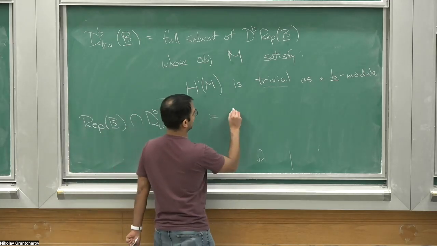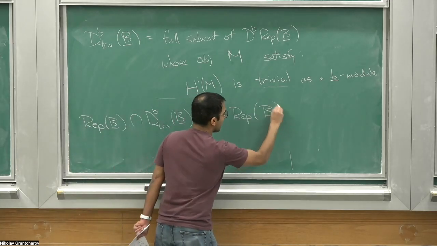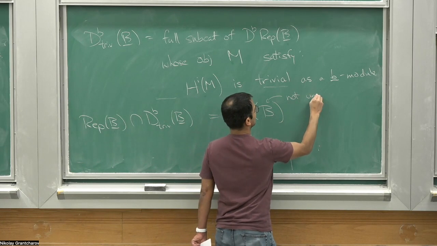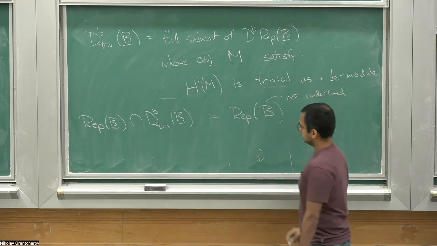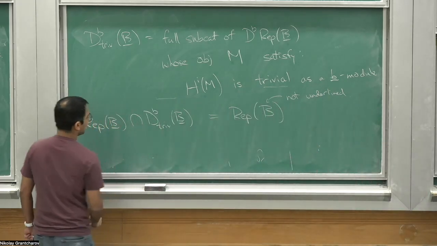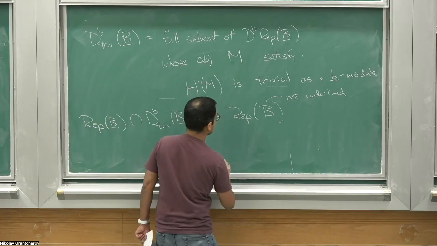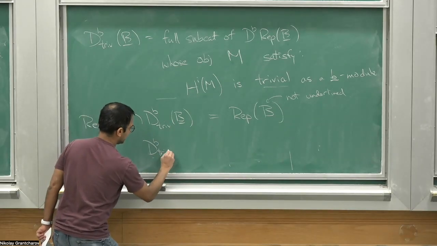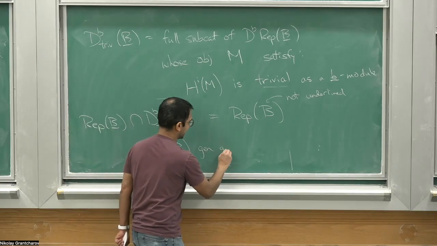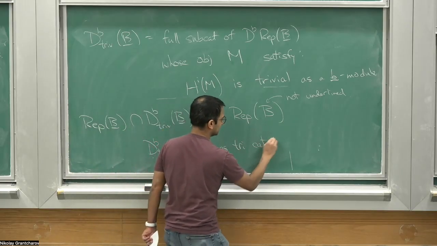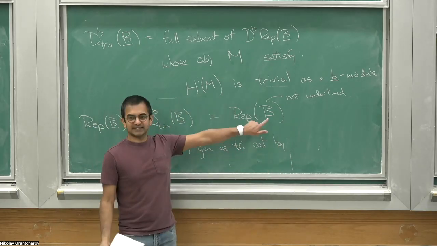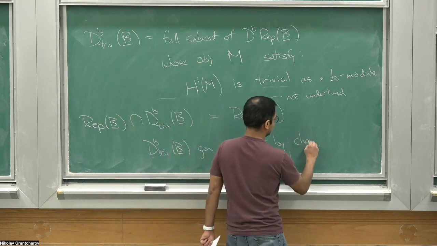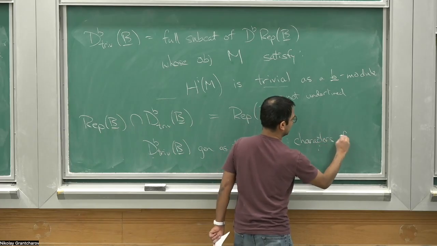And that's the same as representations of non-underlined B. And in particular, this thing, D trig B underline, is generated as a triangulated category by the things that generate this as an abelian category, I mean, the simple objects in here, by characters of B not underlined.